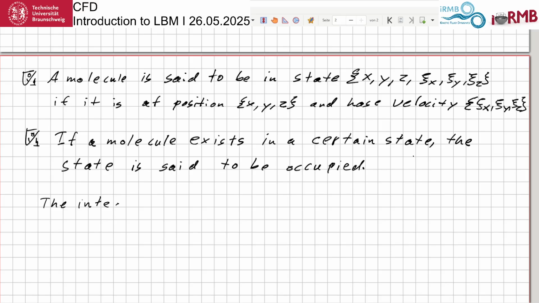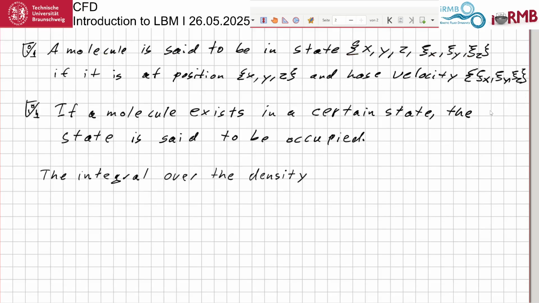So the probability density is actually inversely defined through an integral, namely the integral over the density. The f that we had previously is a density. So this gives us P, which is not the pressure, this is a capital P here.